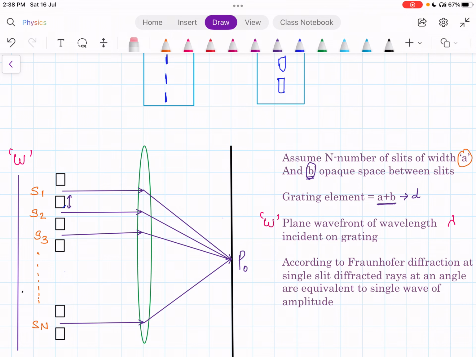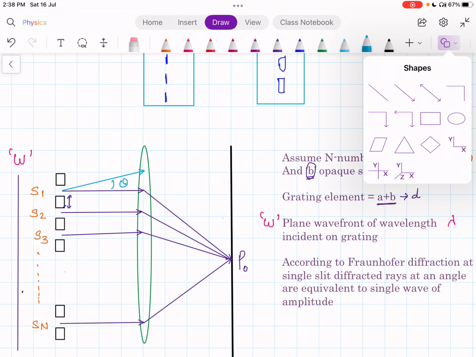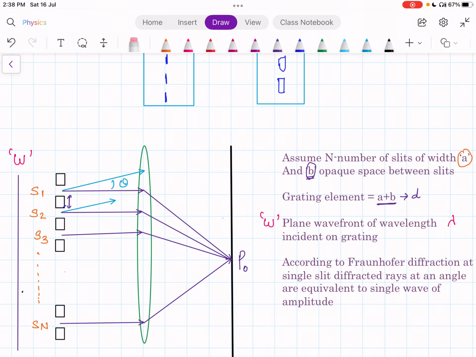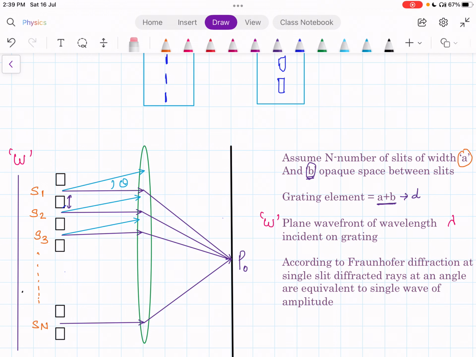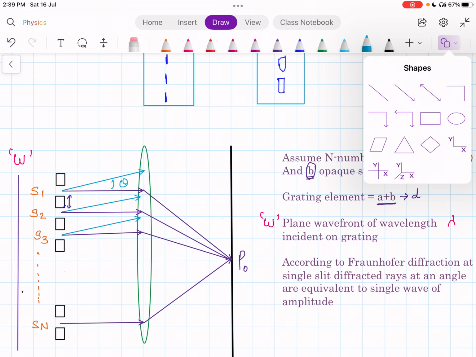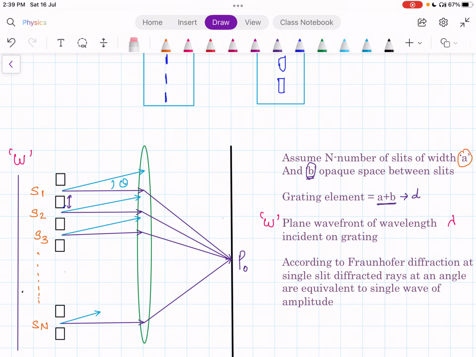And those secondary waves which are traveling in a direction theta with the normal to the plane of the slits, these secondary waves are traveling from the midpoint of every slit in a direction theta with the normal to the plane of the slits. This theta is the angle between the secondary waves and the normal to the plane of the slits.